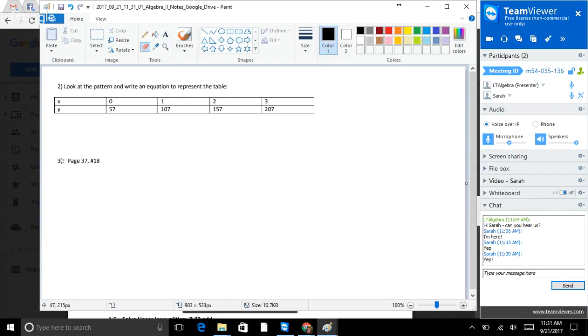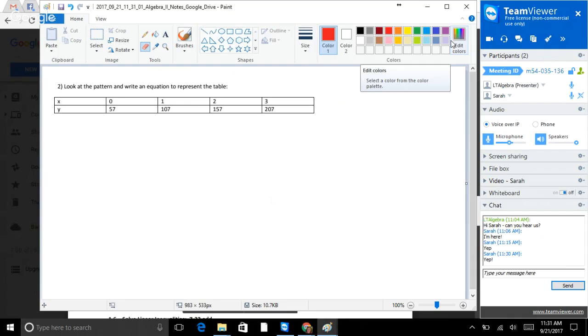Okay, so this says, look at the pattern and write an equation to represent the value. So we have an X and a Y, and this is a nice, easy example for us.